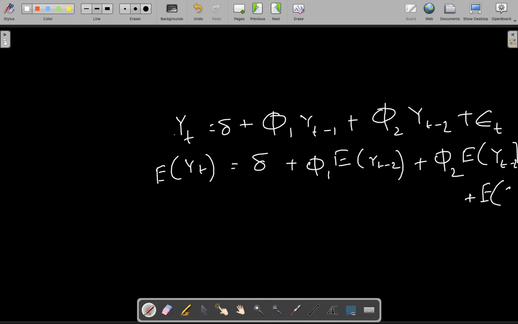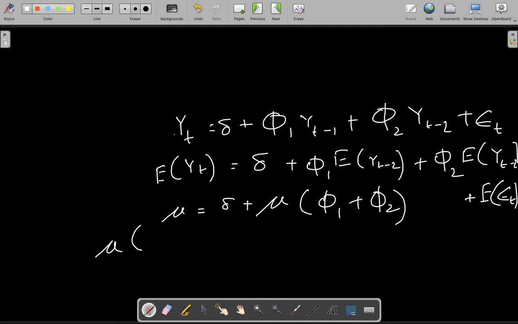Again you go back to the assumption that the series is already stationary. So I have mu equals delta plus mu times (phi 1 plus phi 2). Then I can take mu to the left-hand side, and what I get is mu times (1 minus phi 1 minus phi 2) equals delta.